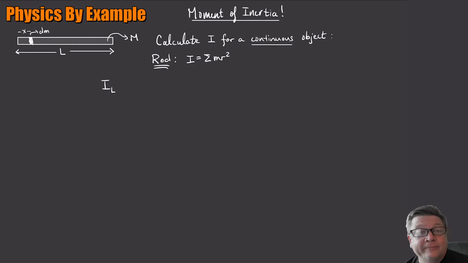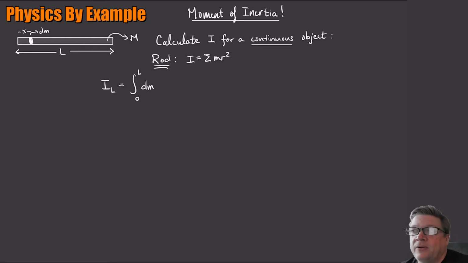We're going to integrate. So it looks like what we're going to have to do is an integral all along this thing. Somehow we're going to have to integrate from 0 to L, because that's the distance away from the axis, all these little bits of mass.